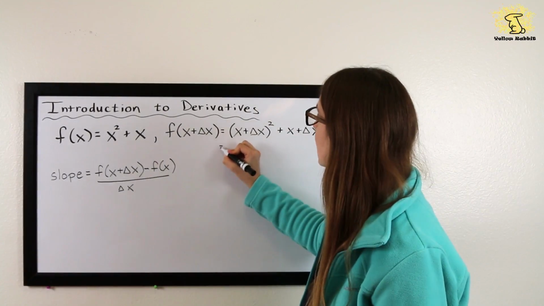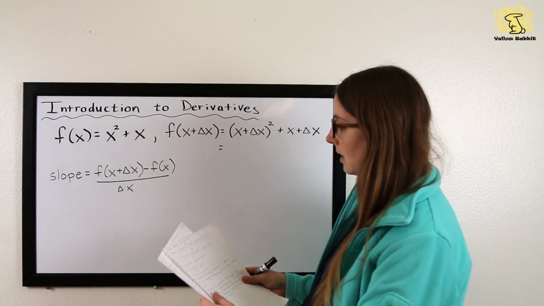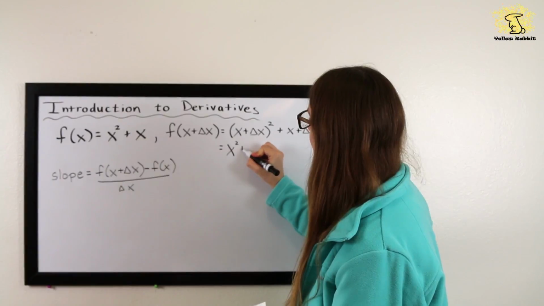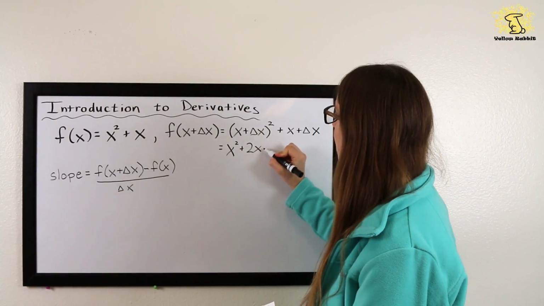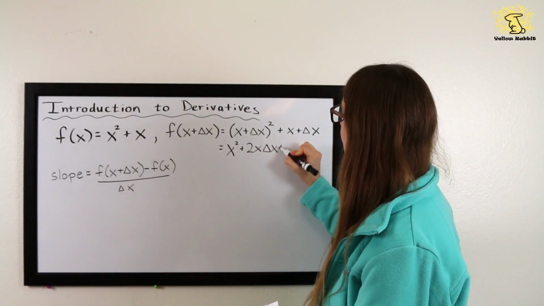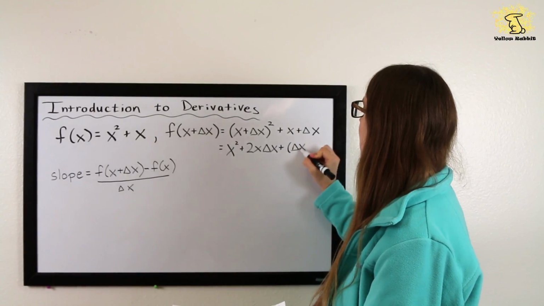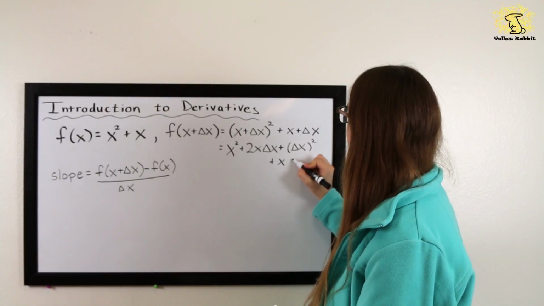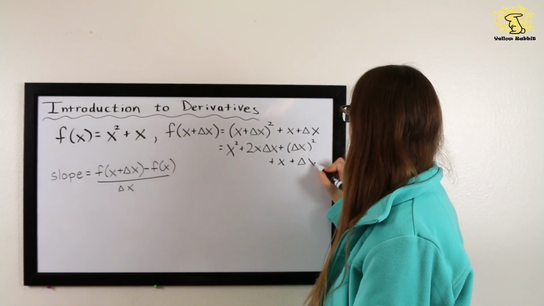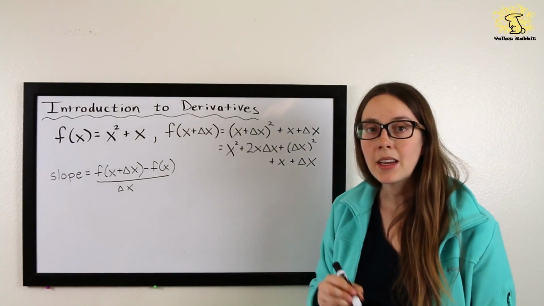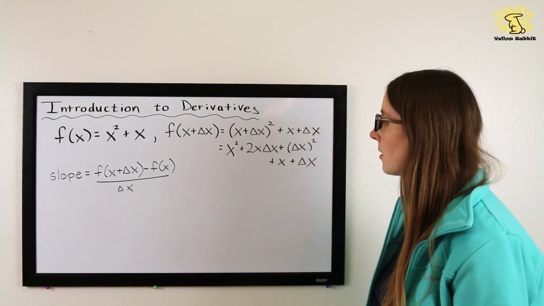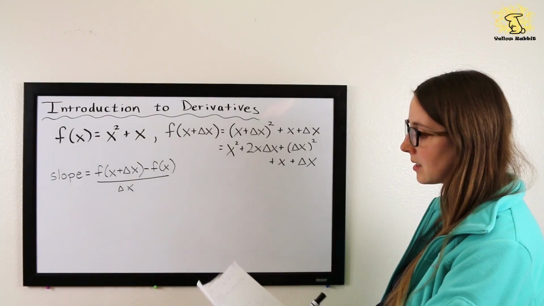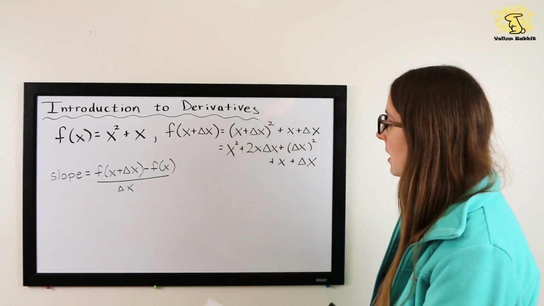If I expand this out, I get the expression x squared plus 2x delta x plus the quantity delta x squared plus x plus delta x. And unfortunately, there's not much I can simplify down at the moment, but let's start plugging into our instantaneous slope and see what we can do.